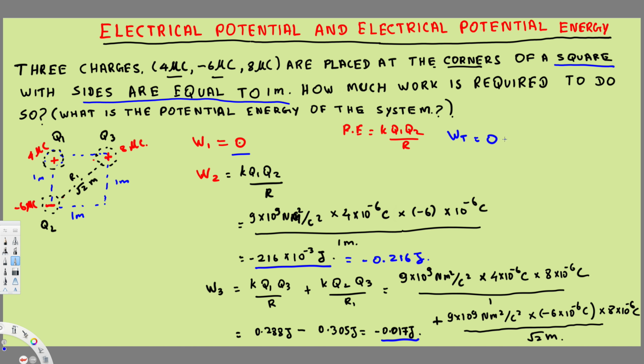So this is going to be 0 minus 0.216 joule, and minus 0.017 joule. If you calculate this one, negative 0.233 joules. So this is the work required to place all three charges in this system.